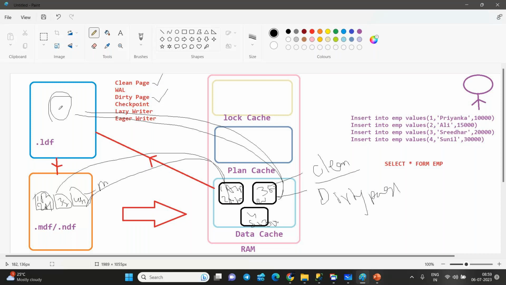It is just moving, like copy paste. Now you got it clear, right? Checkpoint will copy paste, for your easy understanding.